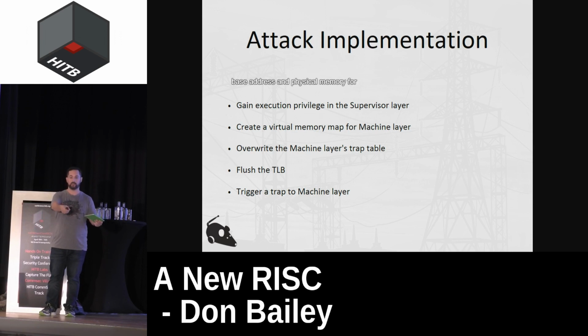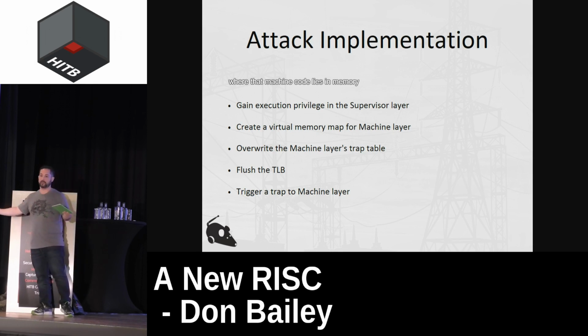That's probably DRAM. What's the base address in physical memory for DRAM? 80000000, right? So it loads code there from some storage application, and then it automatically traps and returns to that address. Well, now I know implicitly where that machine code lies in memory, right?